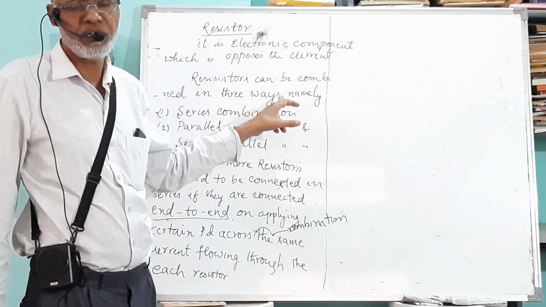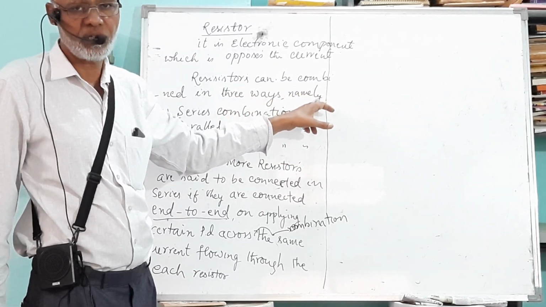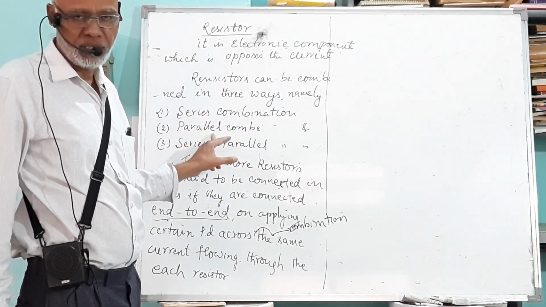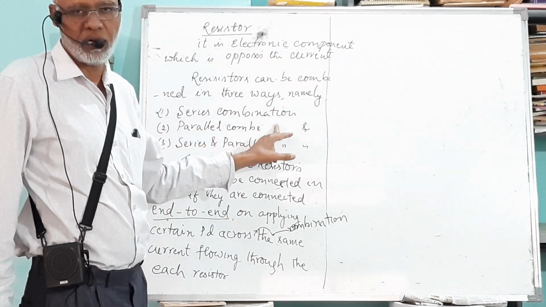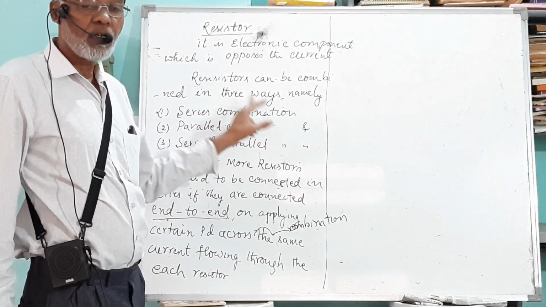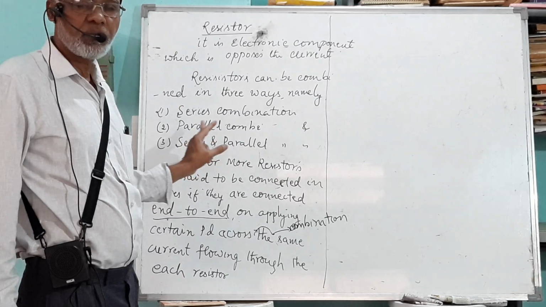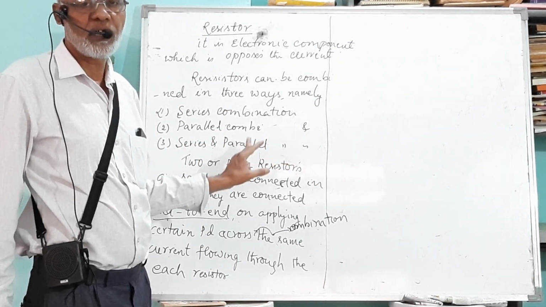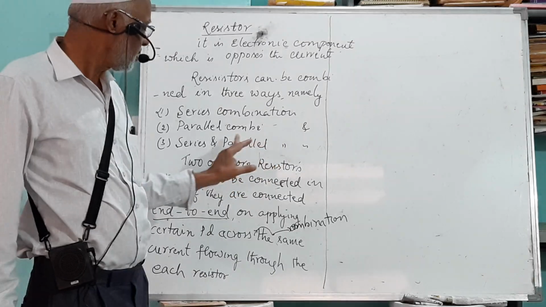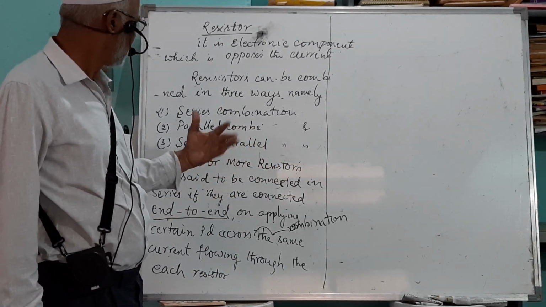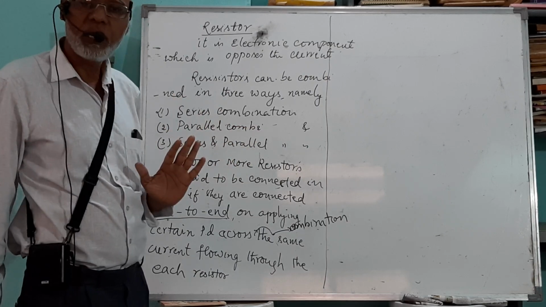Second is resistors combined in parallel, or parallel combination of resistors. Third is the series parallel combination of resistors, which is the combination of series and parallel.